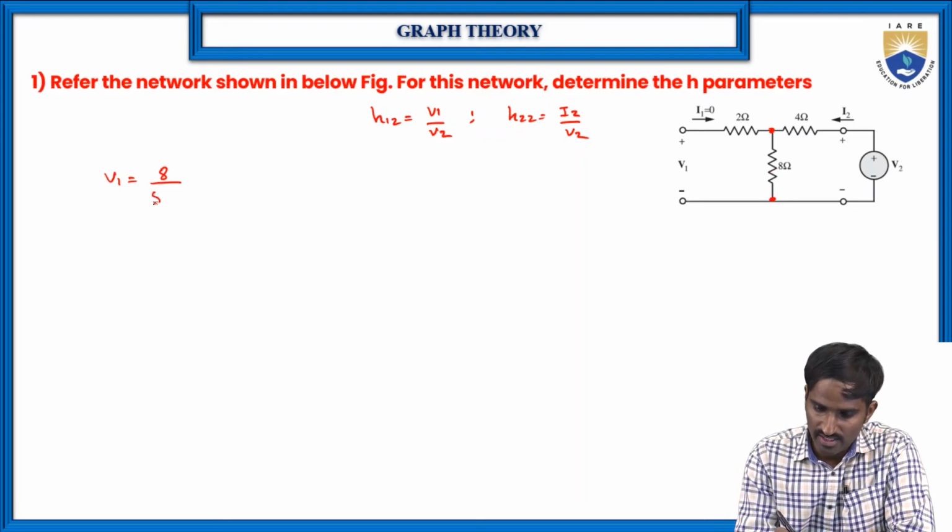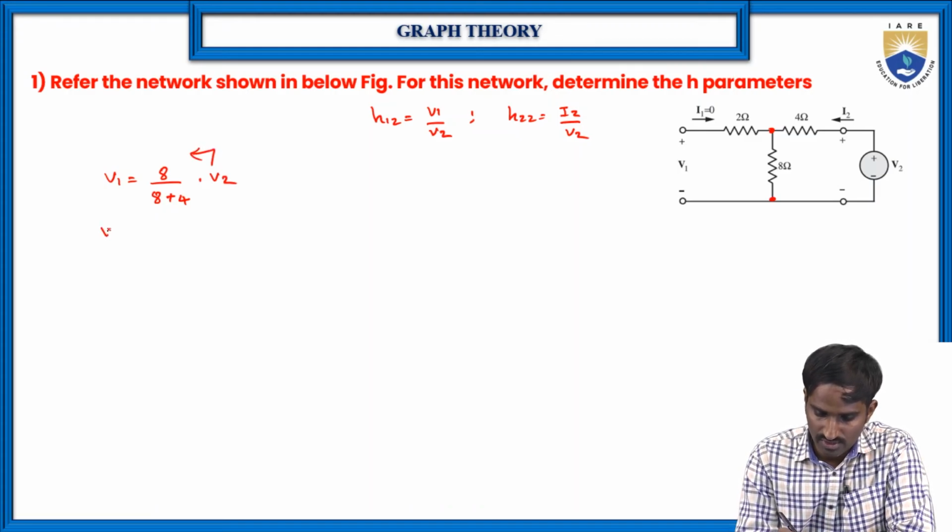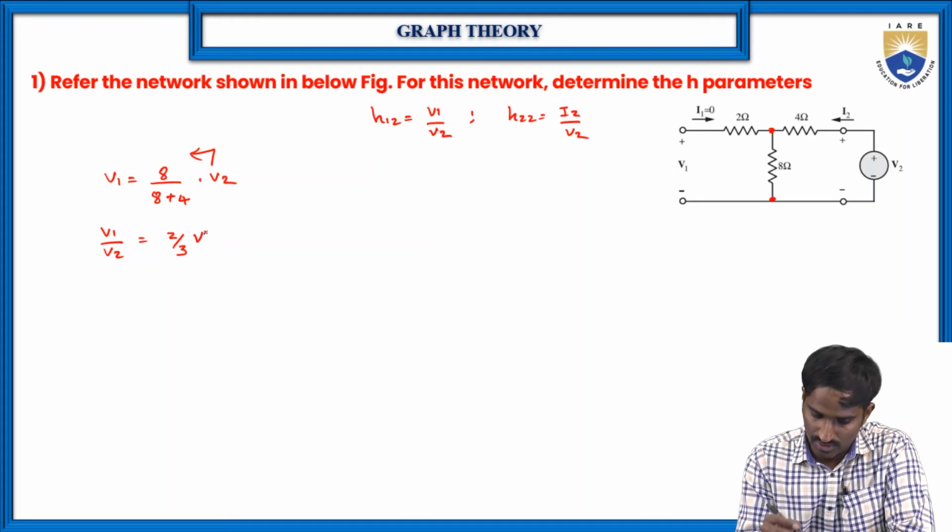So V1 is equal to 8 by 8 plus 4 into V2, right? Then send V2 this side. So V1 by V2 is equal to 2 by 3. This is H12.